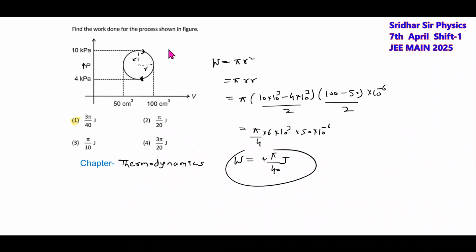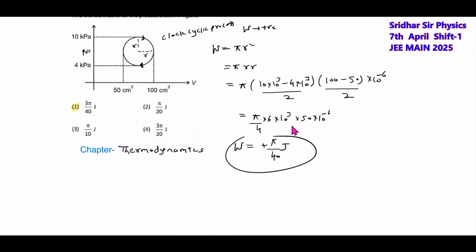Why positive work done? Clockwise cyclic process, work done will be positive. Small correction: 6 fives are 30, so 0.3 pi by 4, or 3 pi by 40 joule.